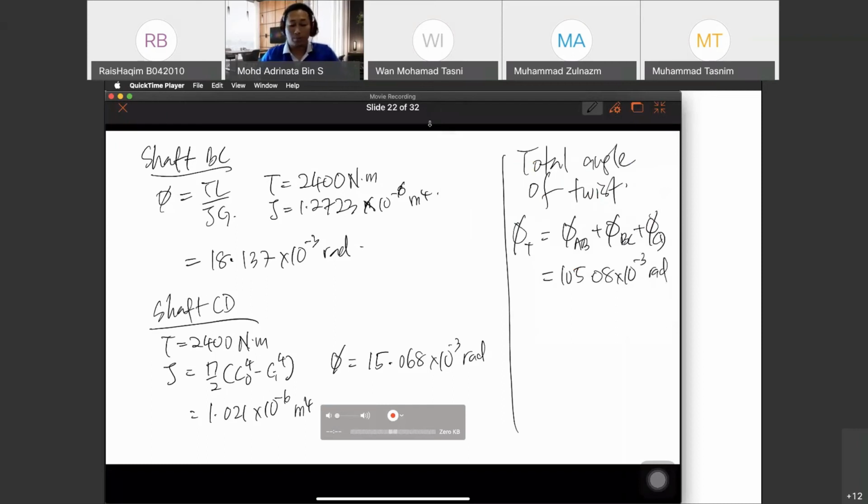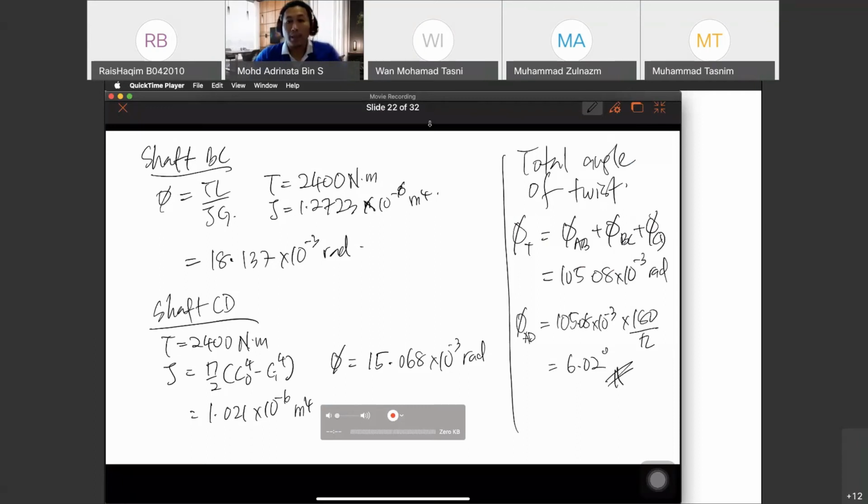So phi AD total is equals to 105.08 times 10 to the power negative 3 times 180 divided by pi equals to 6.02 degree. Okay, so itu sahaja untuk hari ini.